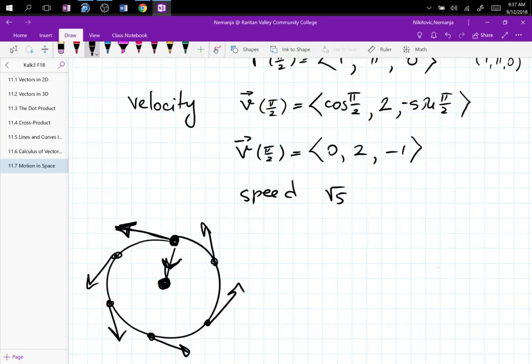So now, if you look at this vector here, it has a direction, and the direction is 90 degrees to the position. And you can think about the orbit or these primitive weapons that were used.